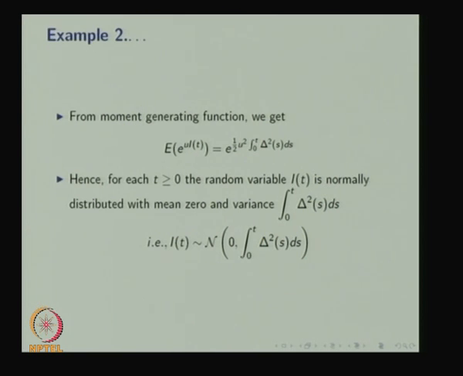So here you come to the conclusion that I of t is a normally distributed random variable with mean 0 and variance equal to the integral from 0 to t of delta square s ds. For fixed t, it is normally distributed.